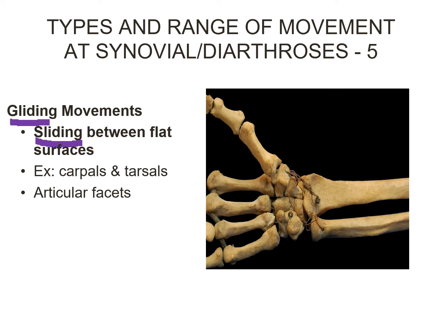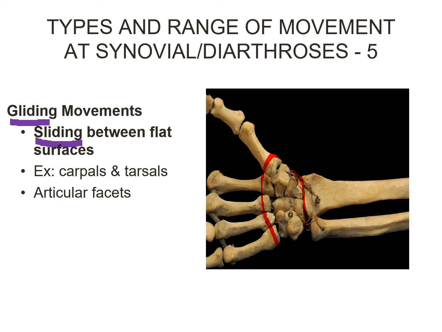So the greatest example are the carpals and tarsals, and you can see in this picture here, well, y'all tell me, are we looking at the wrist or the ankle here? And hopefully what you're saying is the wrist. That is the correct answer.